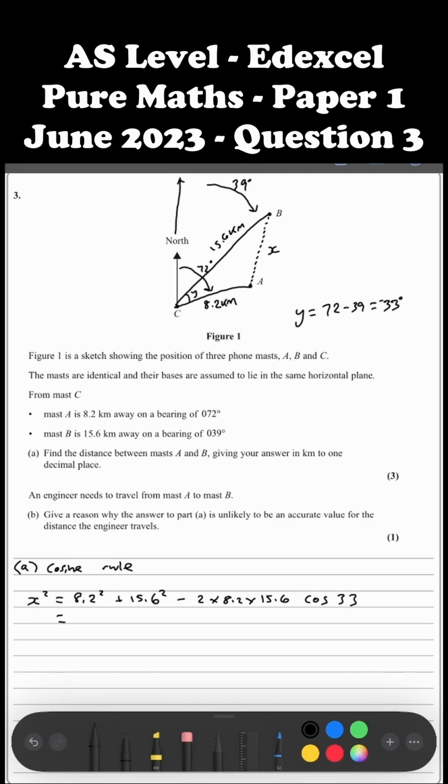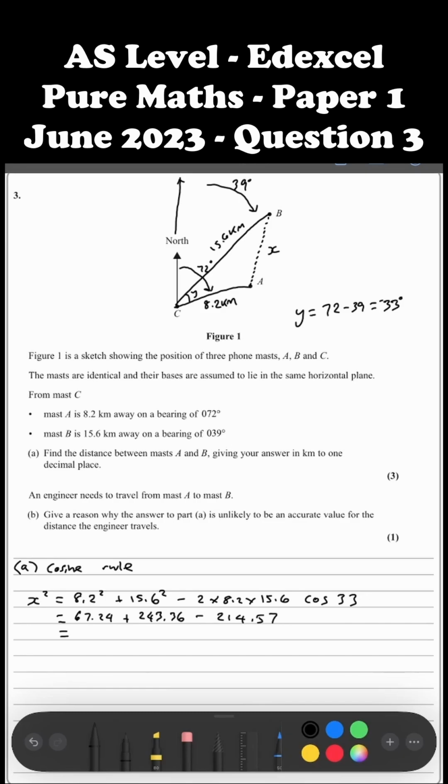So what I'm going to do here is type this into my calculator. So 8.2 squared, first of all, is going to be 67.24. 15.6 squared is going to be 243.36 minus 2 times 8.2 times 15.6 multiplied by cos 33, which is going to be 214.57.